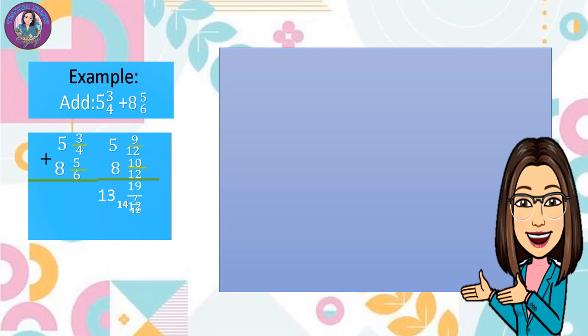Now let's find out how we got the answer. So here are the steps we followed. Step 1. Find the LCM of 4 and 6. The LCM of 4 and 6 is 12. Now, how did we get 12 as the LCM?